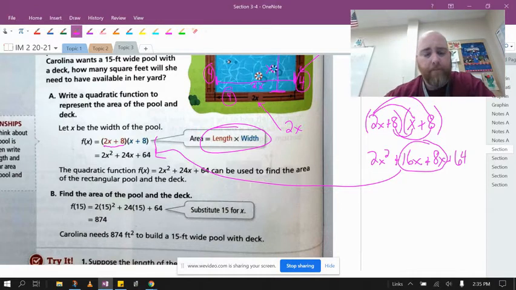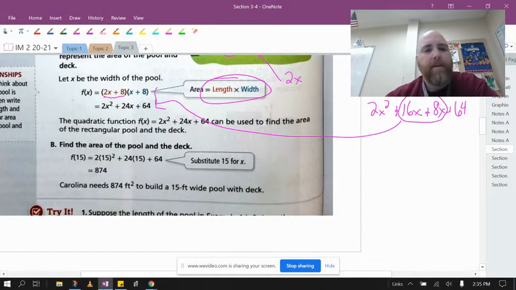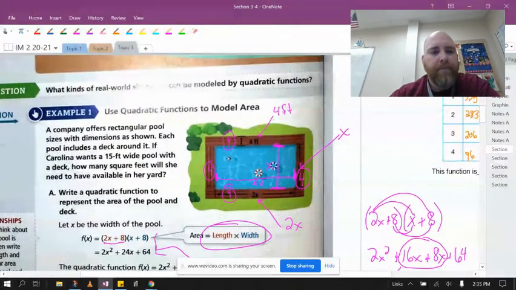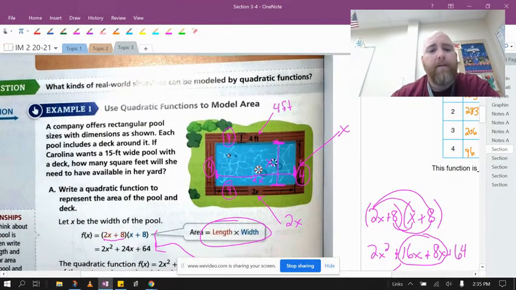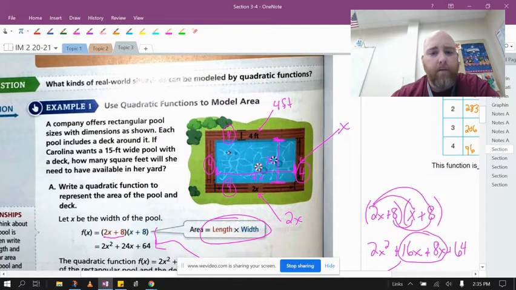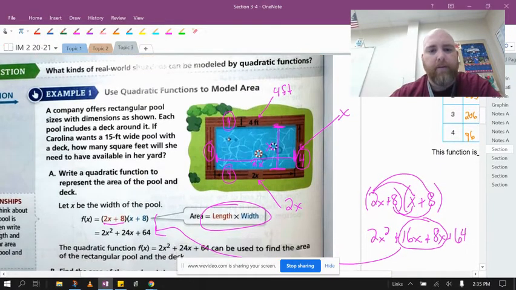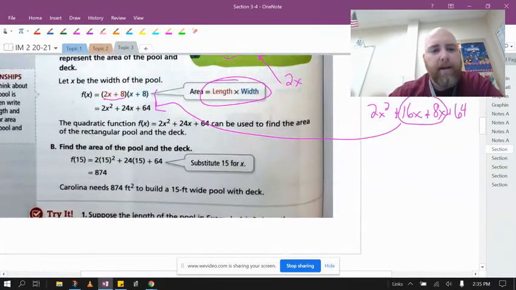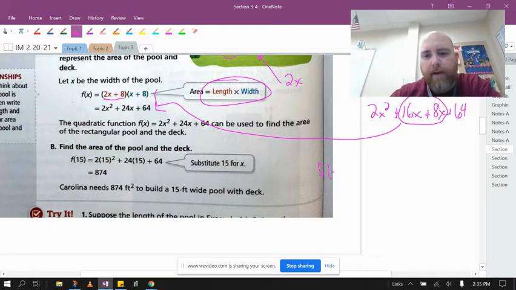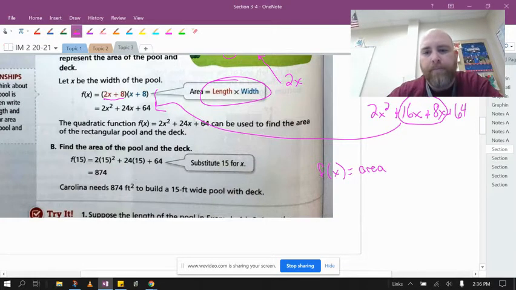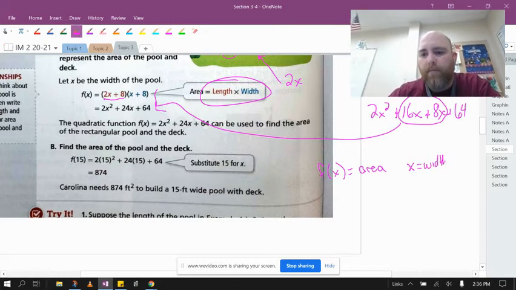So together. Now, letter B, find the area of the pool and the deck. Well, she wants a 15-foot wide pool. So that is our x. It said our width is x. So you just plug in 15. f of x is the area. x is the width of the pool.